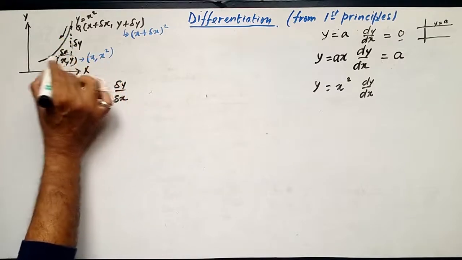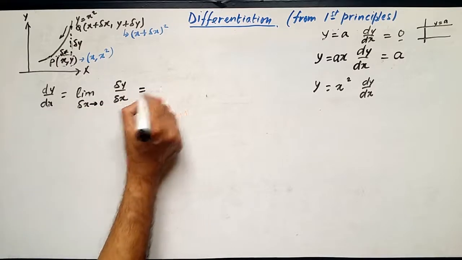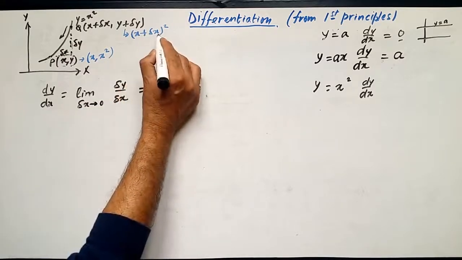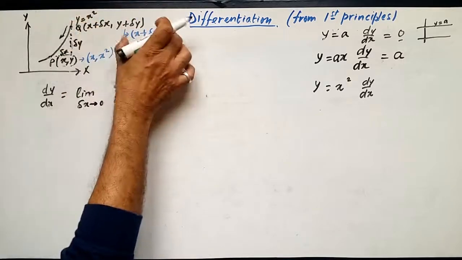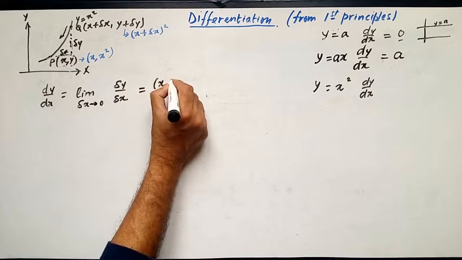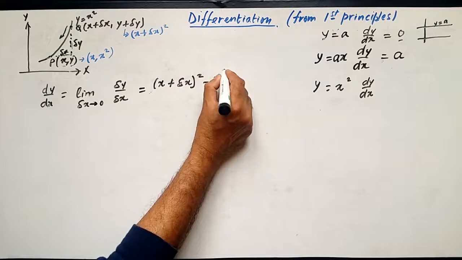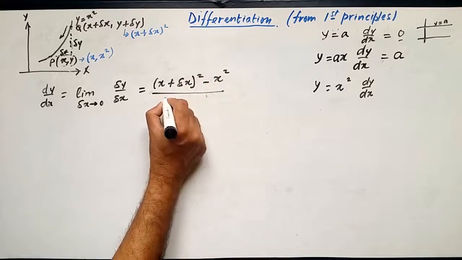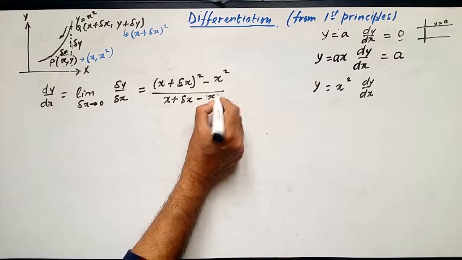So this is the tangent. What is delta y in this case? This distance minus this distance. So it is x plus delta x whole squared minus x squared upon x plus delta x minus x.